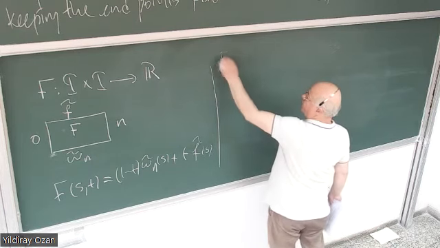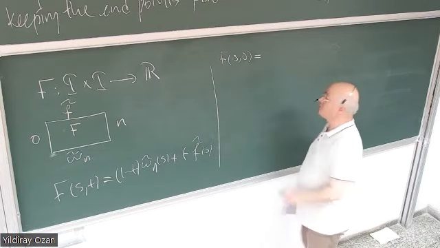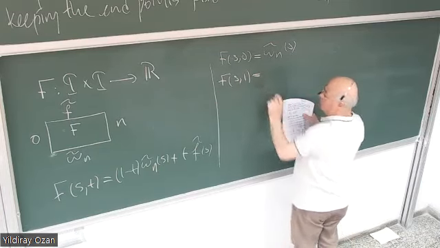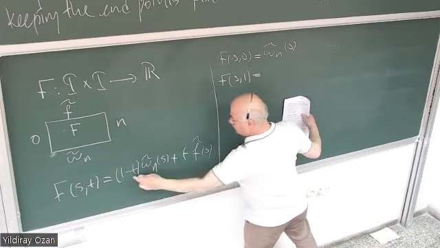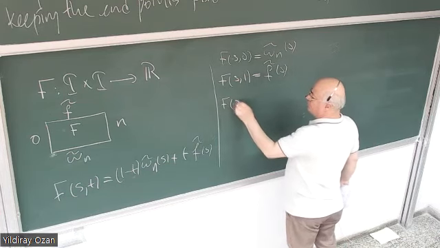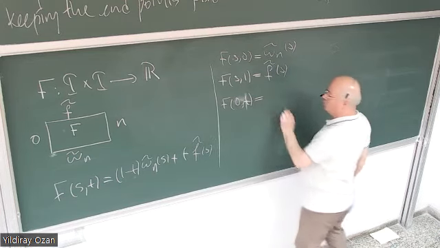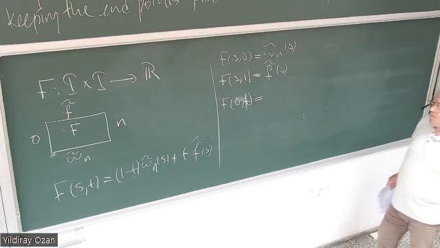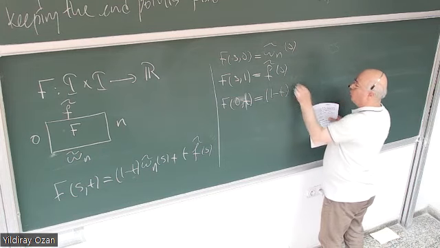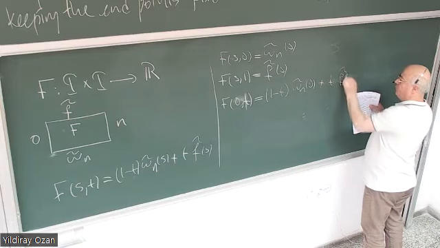Let's check. F of S, 0: when t is 0, it is just W n tilde of S. F of S, 1: when t is 1, this time this is 0, so you get just F tilde of S. What about the endpoints? F of 0, t: when S is 0, it is 1 minus t times W n tilde of 0, and t times F tilde of 0.